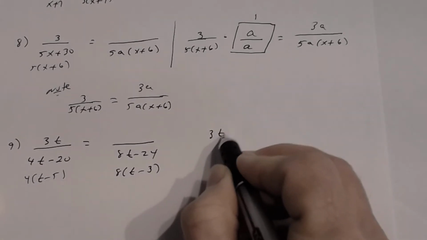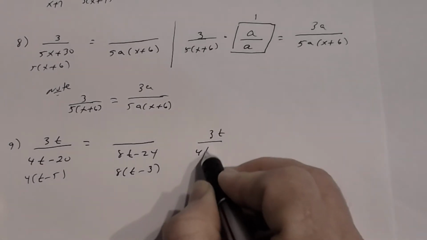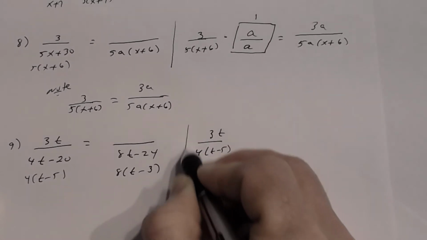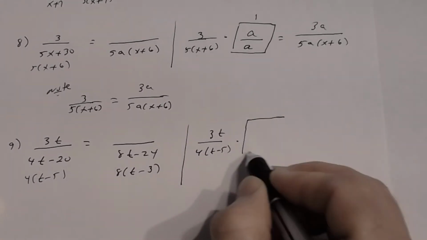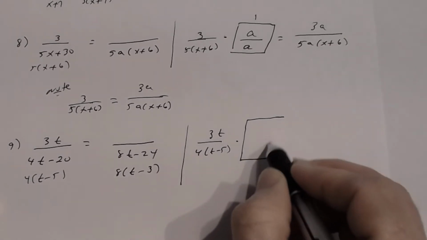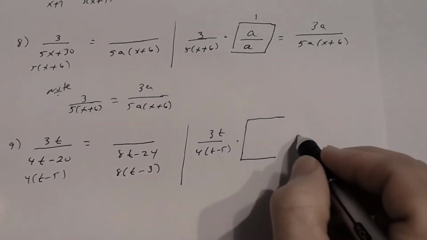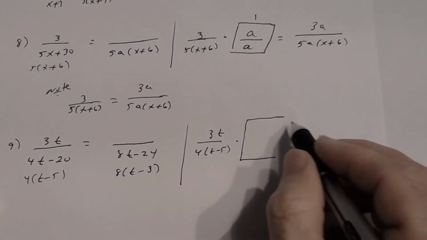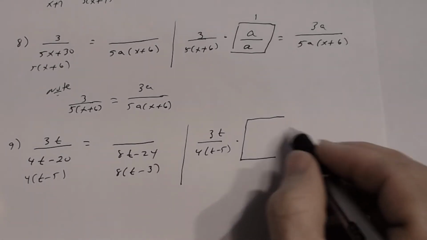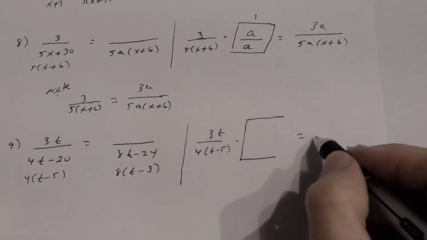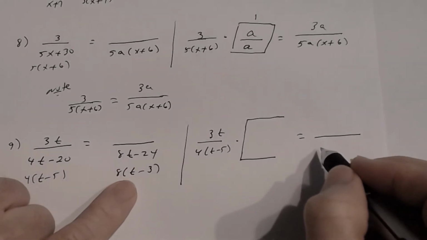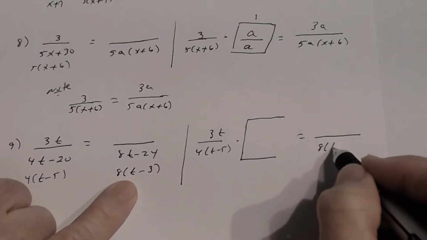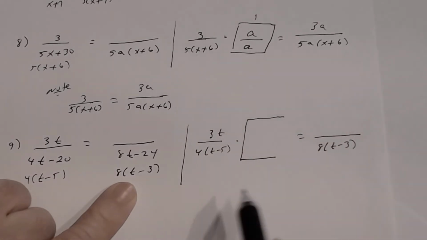I have 3t divided by 4 times t minus 5, times some rational expression, and I'm going to leave this little space open, to get some rational expression with this denominator. And always leave it in factored form, so 8 times t minus 3.